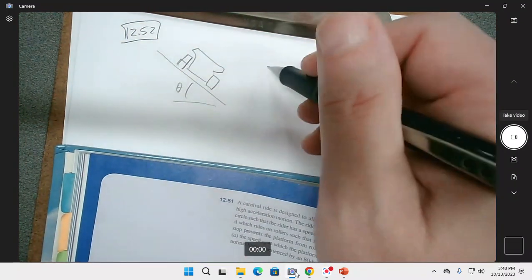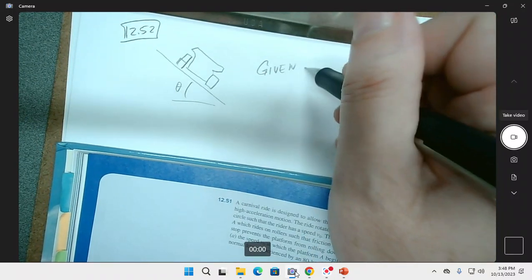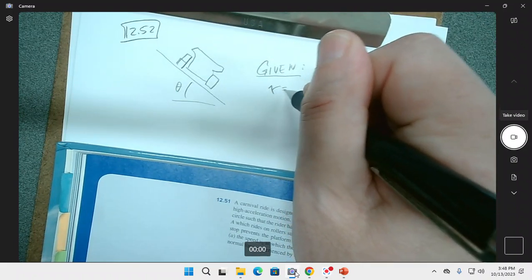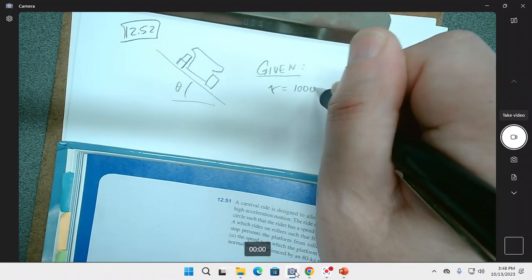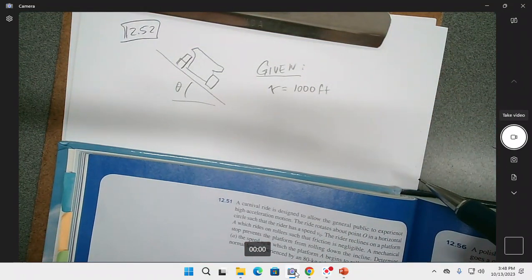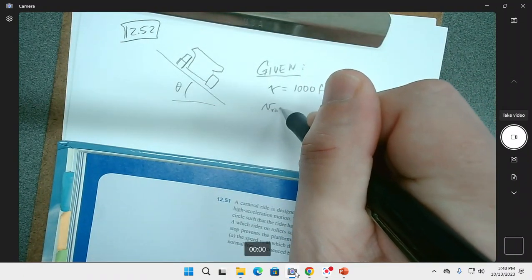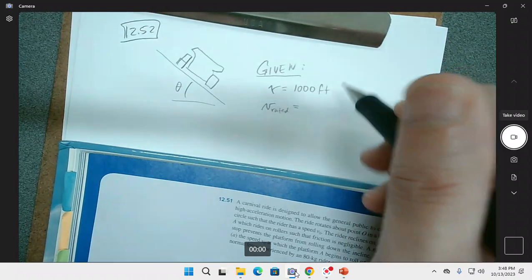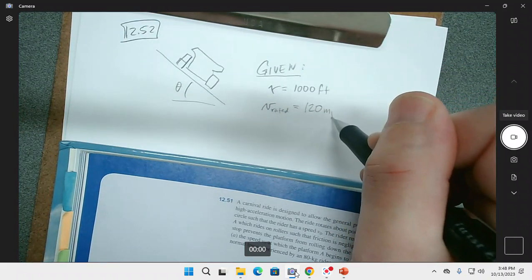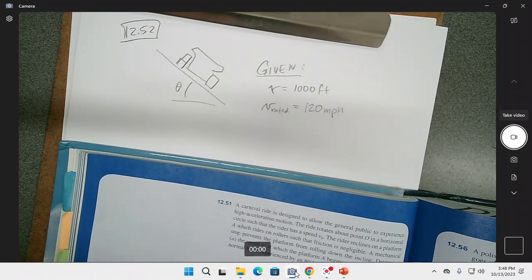And we're given that the radius, I guess we'll call it R for the time being, is 1,000 feet, and the rated speed. So the curve has a rated speed of 120 miles per hour. So the definition of rated speed.